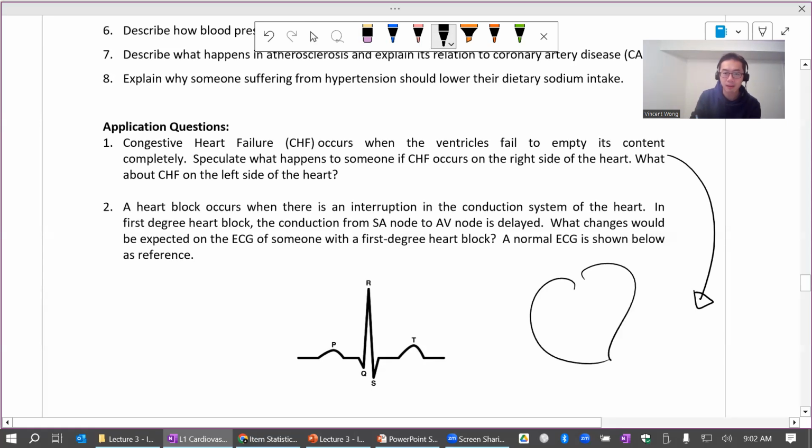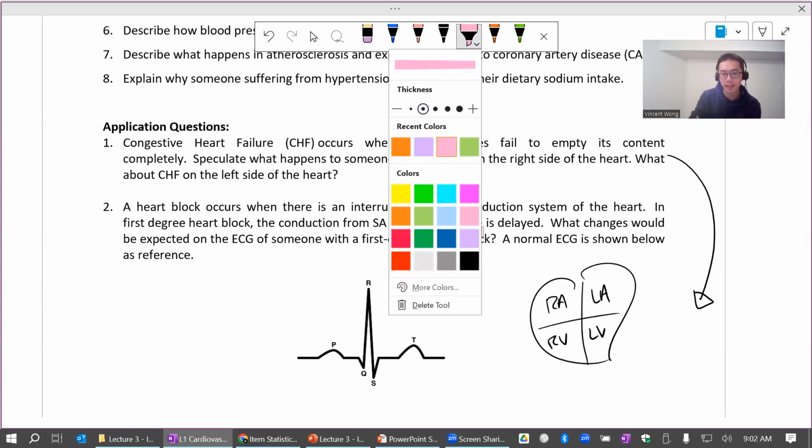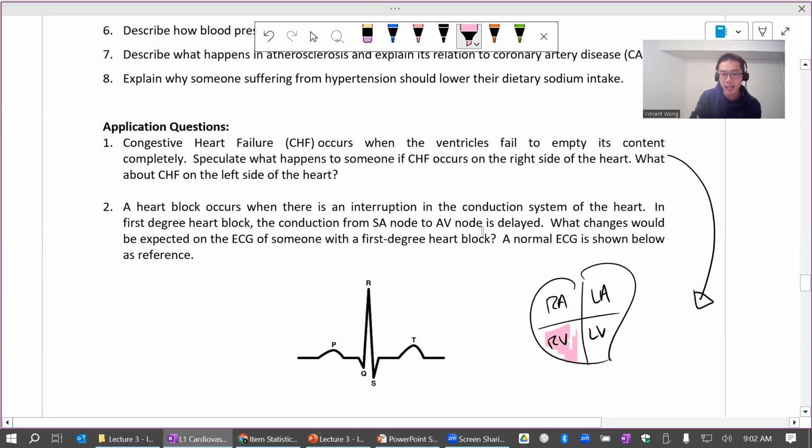So let's say we have the right atrium, right ventricle, left atrium, left ventricle, right? So let's say it's happening on the right side. So if the right side is not emptying, that means the right atrium is also not going to be able to empty.